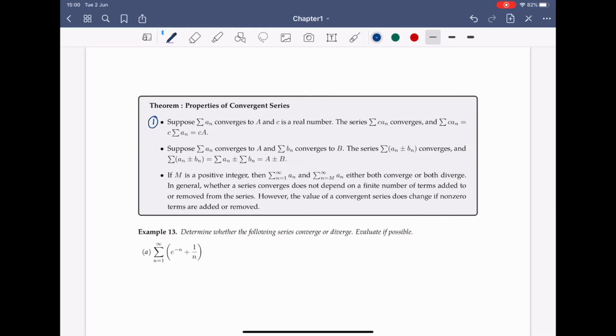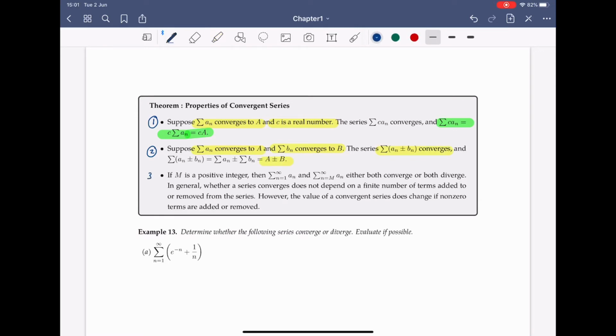Property number 1: if you start from a convergent series and you have a constant C attached to it, keep in mind that you can pull out the constant C from the summation, and then the series converges to the value C times A. Property number 2: if you have a convergent series summation of a sub n that converges to A, and a convergent series summation of b sub n that converges to B, then if you add them up or subtract them, it is still convergent, and its limit is going to be A plus or minus B.